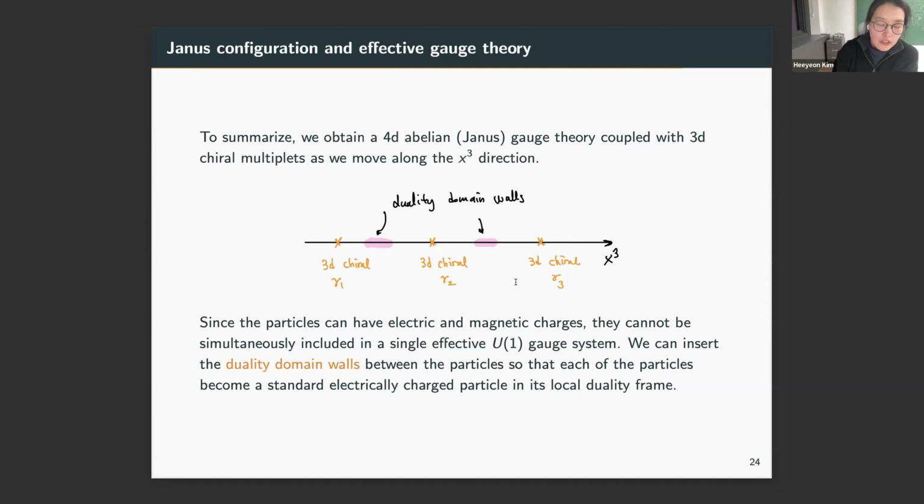So what we must do is, every time we go from an electrically charged particle to, say, a magnetically charged particle, we have to insert some duality domain walls between those particles, so that in each neighborhood, these particles just become standard electrically charged particles in their own local duality frame, and then we move between them by inserting duality domain walls.